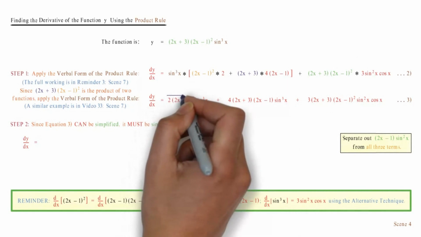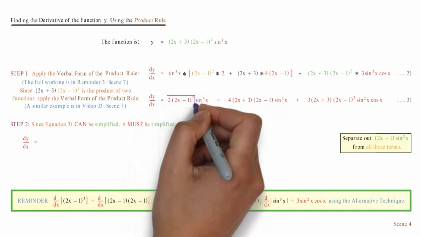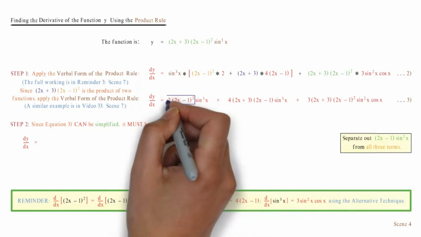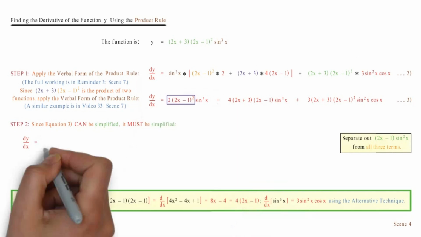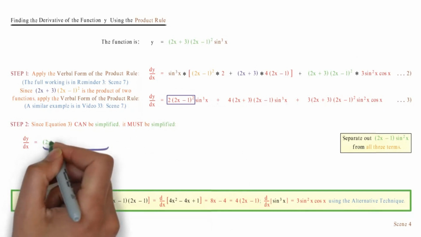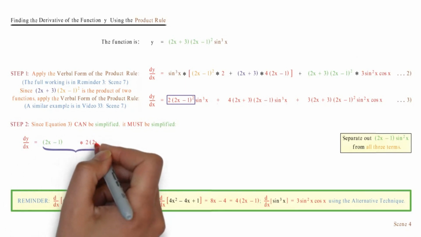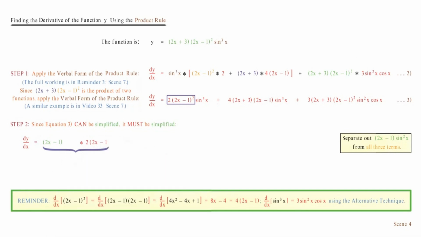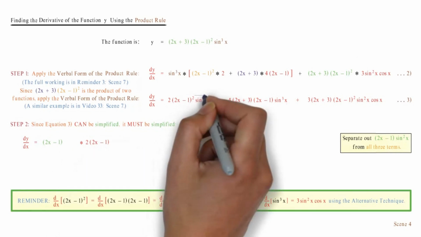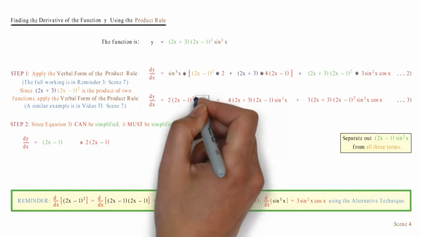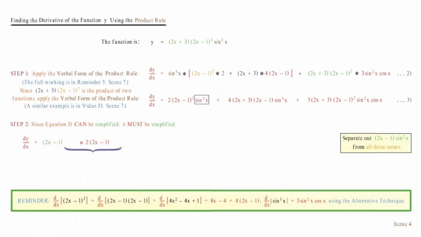Bring 2 times 2x minus 1 all squared down as 2x minus 1 times 2 times 2x minus 1. Bring sine cubed of x down as sine squared of x times sine of x.